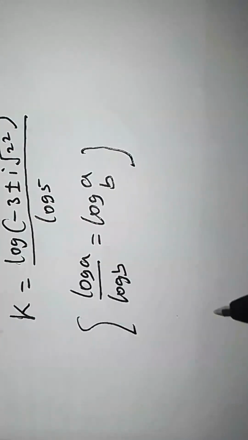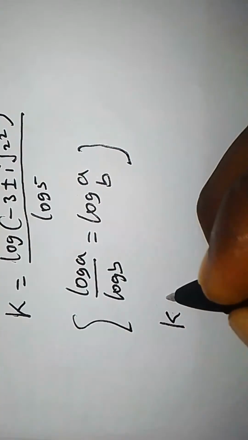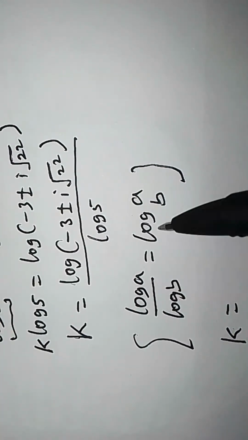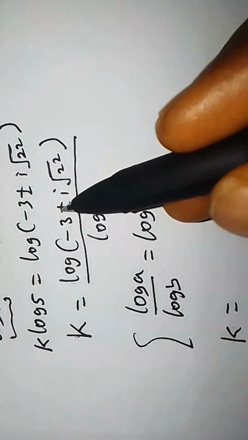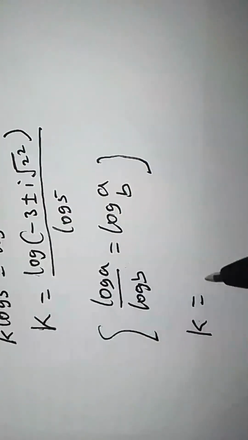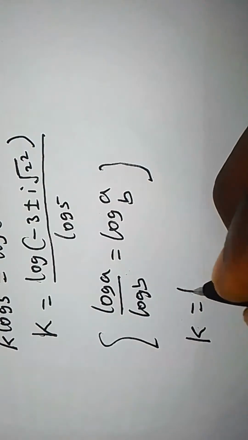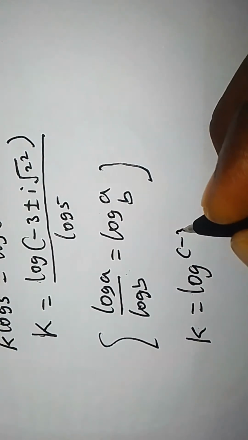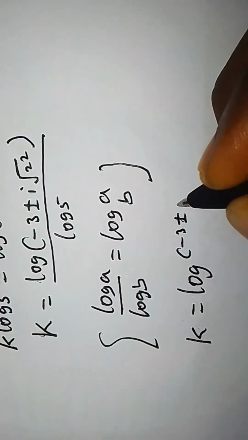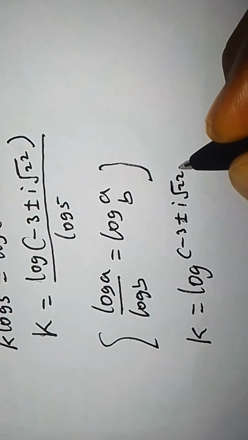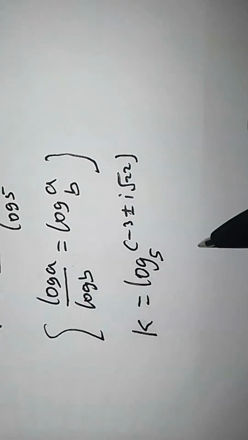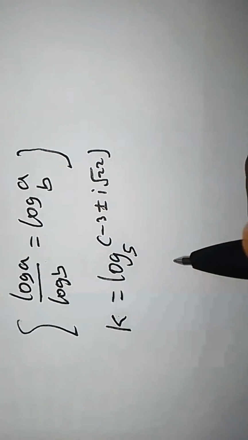From this line now, we have k equal to, applying this identity to this quotient, log of -3 ± i√22 base 5. This is another set of solutions.